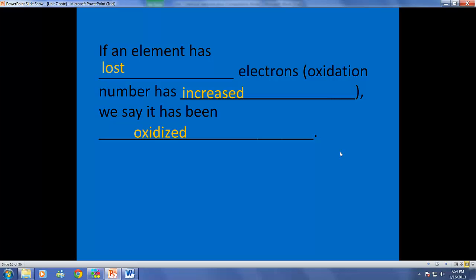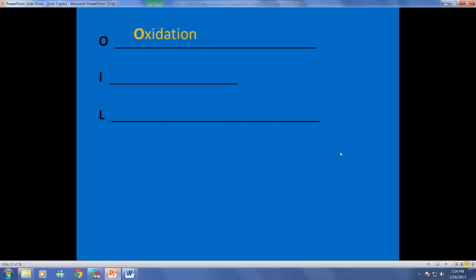There's 2 different sayings we can look at. We can either say oxidizing is losing: OIL goes with RIG. Or LEO the lion goes with GER. These are 2 sayings. If they help you, use them. If you don't like them, forget them. And I wouldn't try to remember all of them.